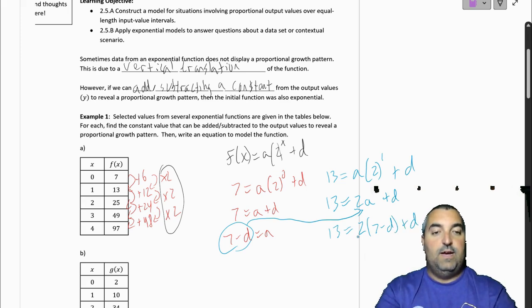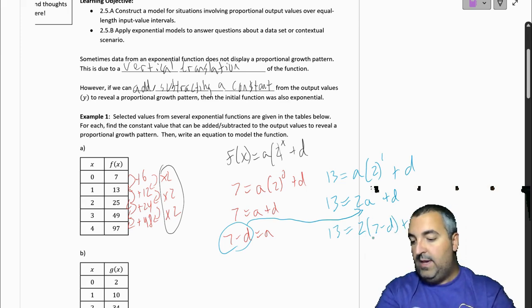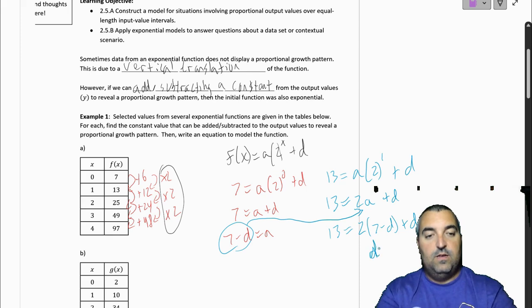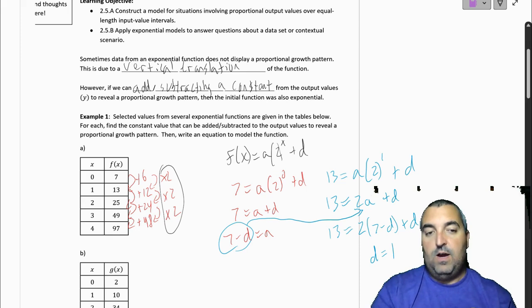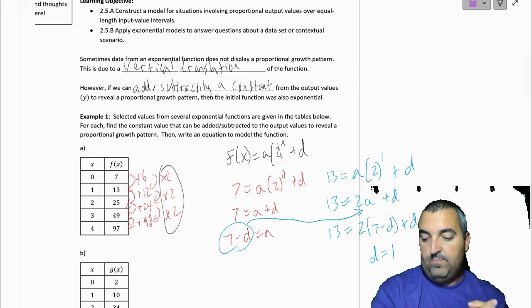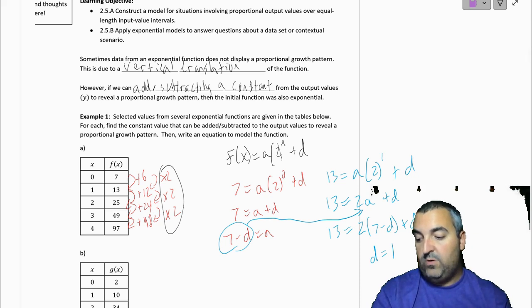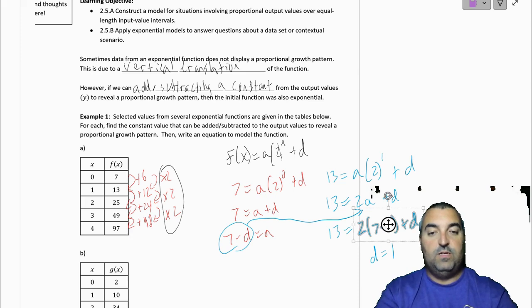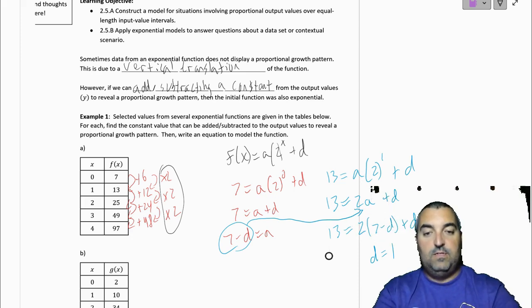I plug it in and simplify, and eventually as you solve this, you will get that d equals 1. If you don't get d equals 1, double check your math. But you get d is 1, and then we can figure out what our a value is by substituting it into this equation.